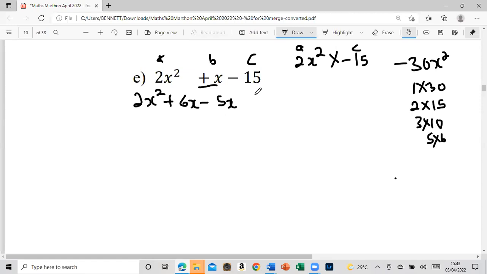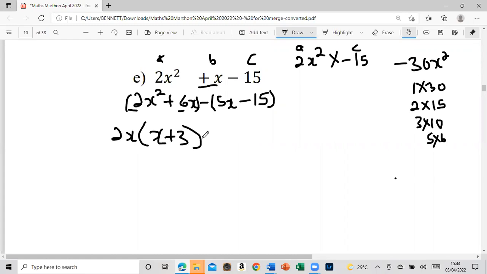After that, we take out the highest common factor, which is what? 2, because 2 is the highest number that 6 and 2 can go into. Then we divide 2 into 2, that goes 1 time, and 2 into 6 goes 3 times.